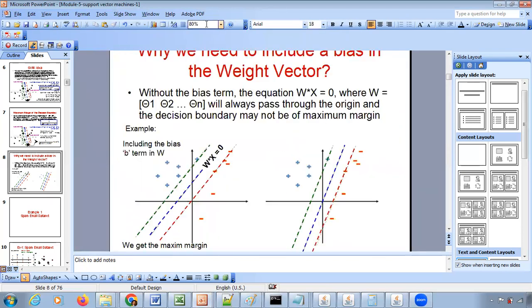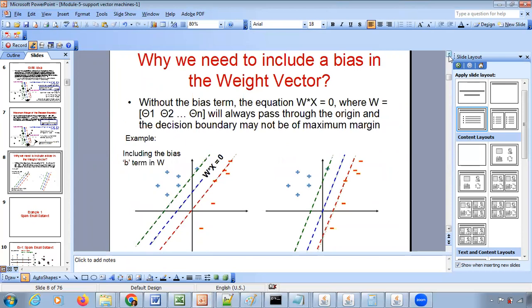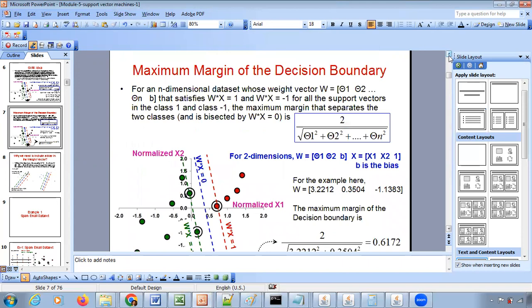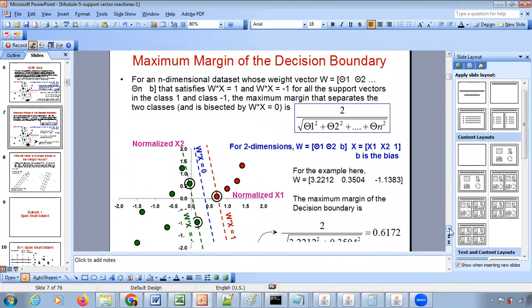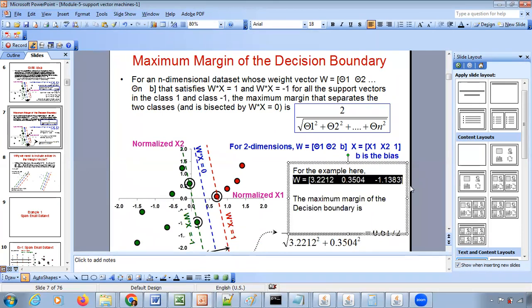Now, why do we need to have that bias term in the weight vector? For this data set here, we go through the math and find this weight vector. Of course, I'm not showing you the math yet, but assume that after we go through the math, we get this weight vector.